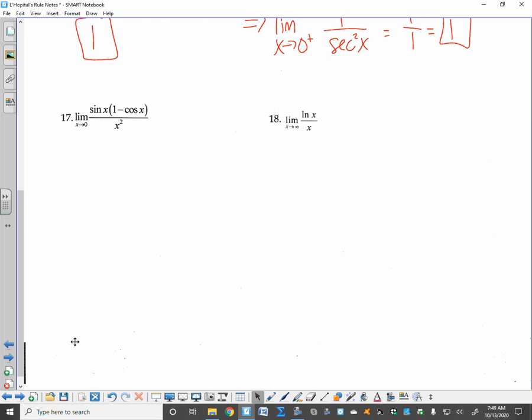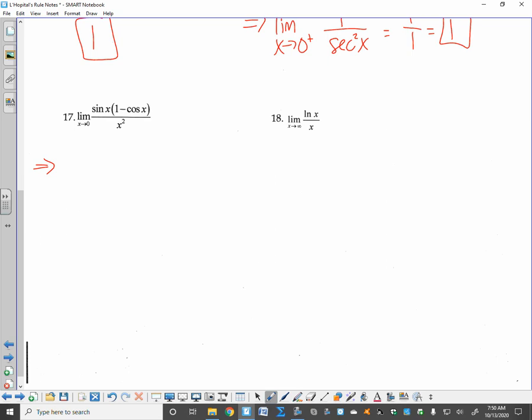I invoke the powers of L'Hopital, so that limit becomes, okay, if I take the derivative of the top, that would have to be a product rule.